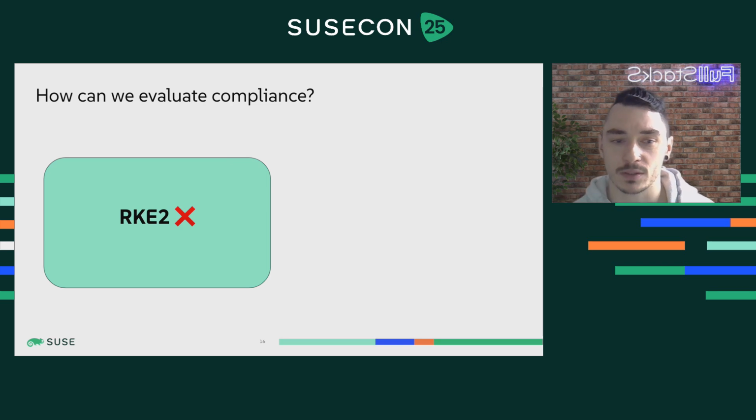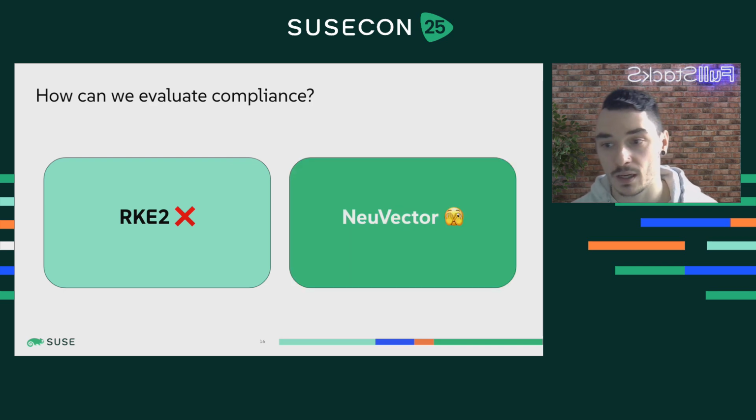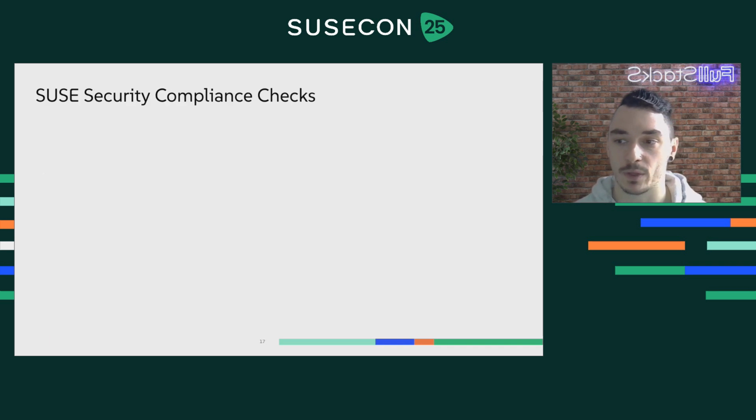Well, out of the box, RKE2 obviously has no tool to do that, since RKE2 is a Kubernetes distribution and not a compliance validation or scanning tool. So there's no out-of-the-box solution with RKE2. And I'm sorry to say, also the capabilities of NeuVector are somewhat imperfect, let's put it that way.